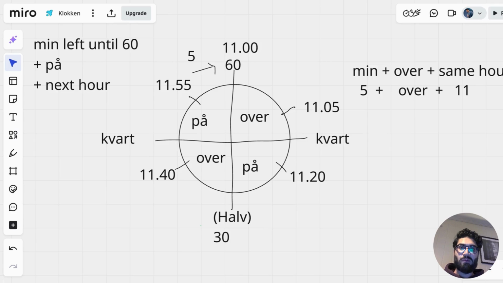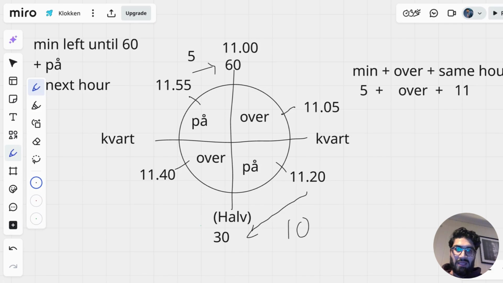In this case, we will have a break at half before continuing. Now with break, I mean how many minutes are left until 30? In this case, it's 10. And then how many minutes is it over 30? That's also 10. It means 10 minutes and 10 minutes.